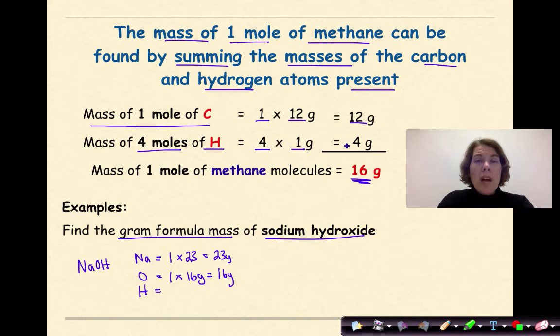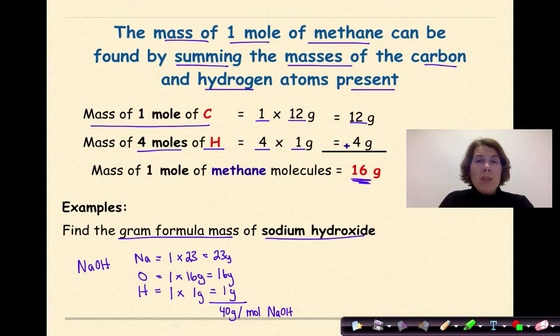And then I have 1 hydrogen, so 1 hydrogen times 1 gram, because that's the atomic mass of hydrogen, is equal to 1 gram of hydrogen. And if I add these up, 23 plus 16 plus 1, I get a total of 40 grams per 1 mole of sodium hydroxide. And that is how you determine gram formula mass.